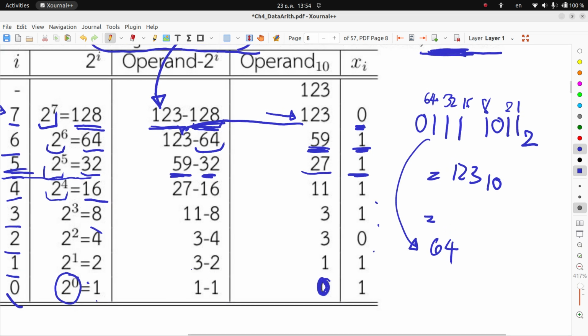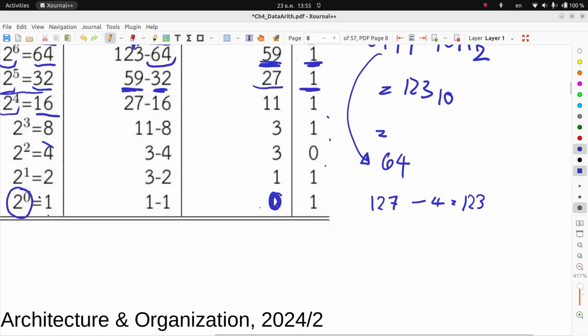Or you can visualize it as 127 subtract 4 equals 123. What is 127 base 10? 0, 1, 1, 1, 1, 1, 1, 1, base 2. Subtract 4. What does it mean, subtract 4 base 10?